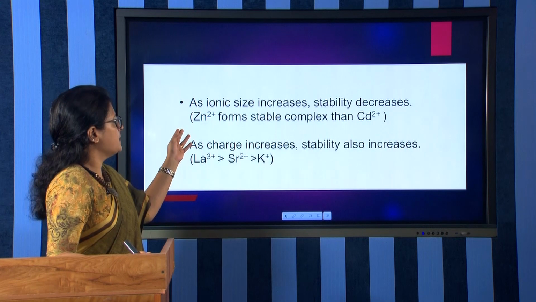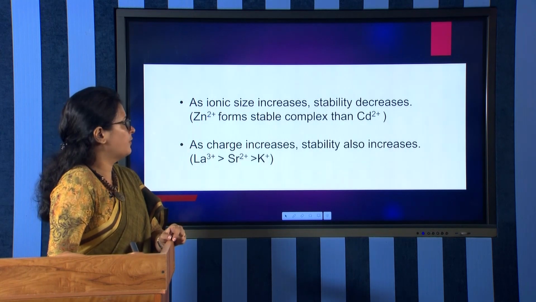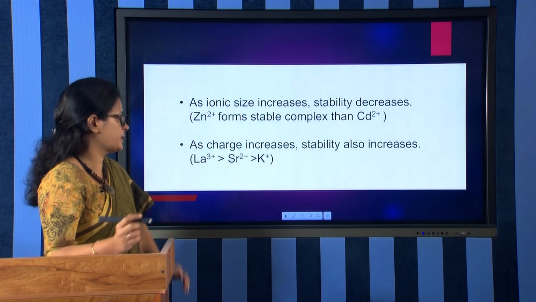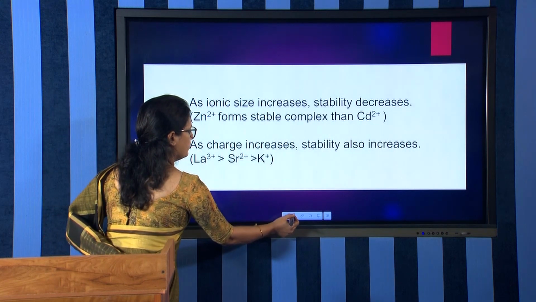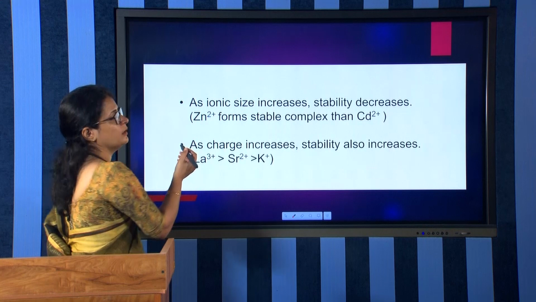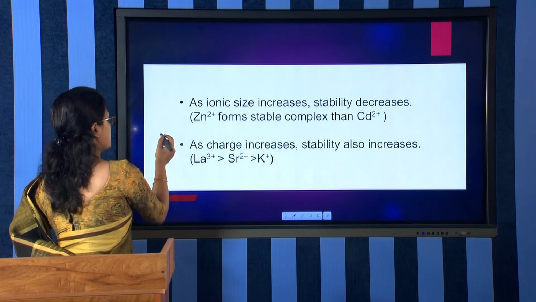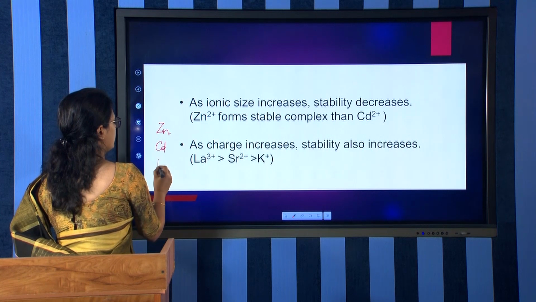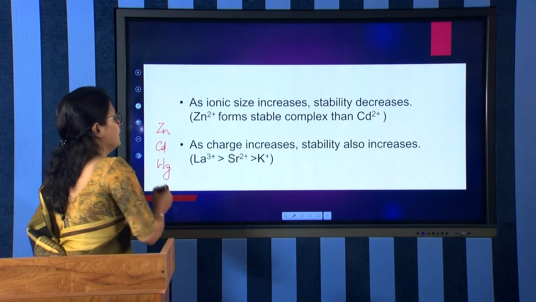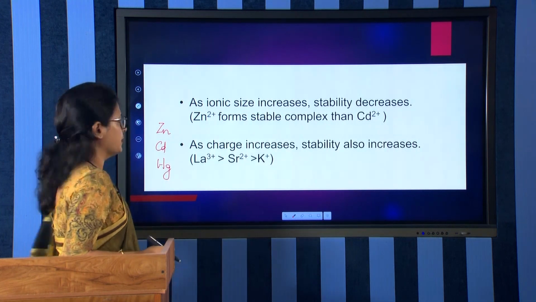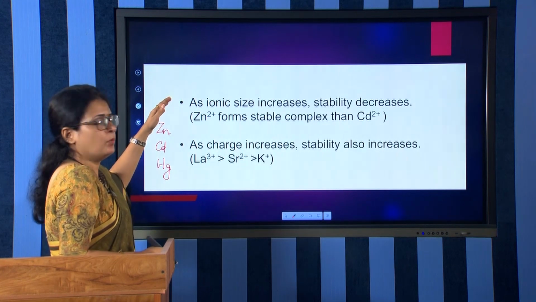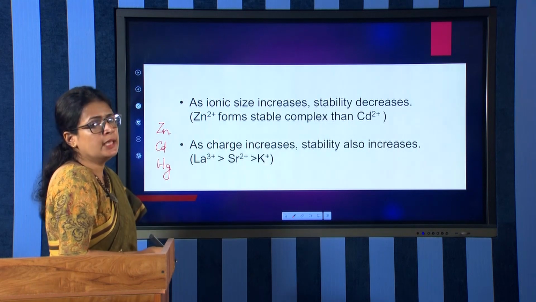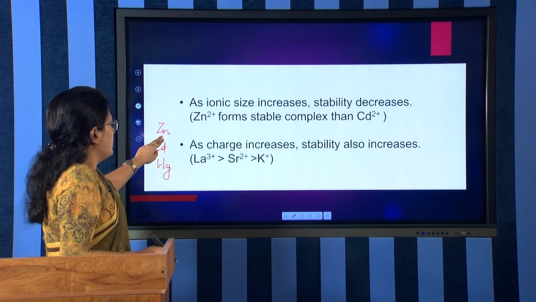For example, zinc Zn2+ forms a stable complex when compared to cadmium Cd2+. You may know the arrangement of zinc, cadmium, mercury in the periodic table. Zinc is at the topmost, coming down you have cadmium, and last mercury.